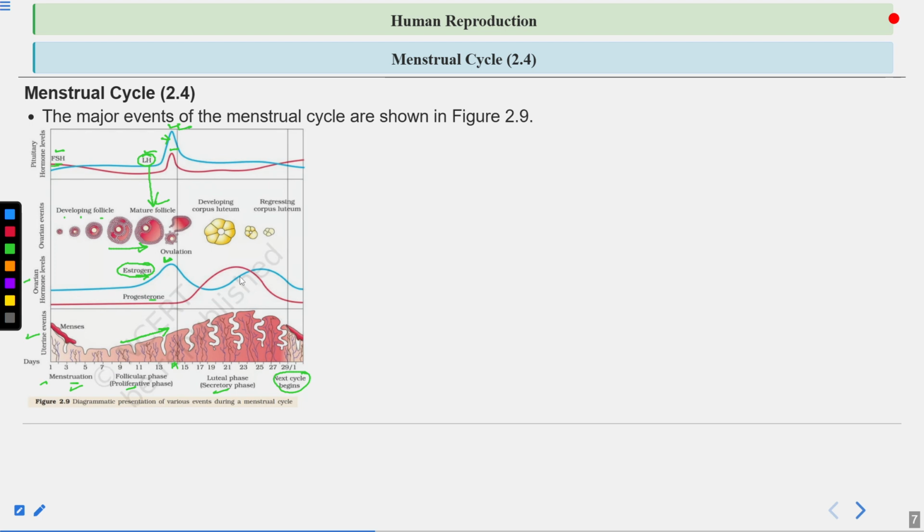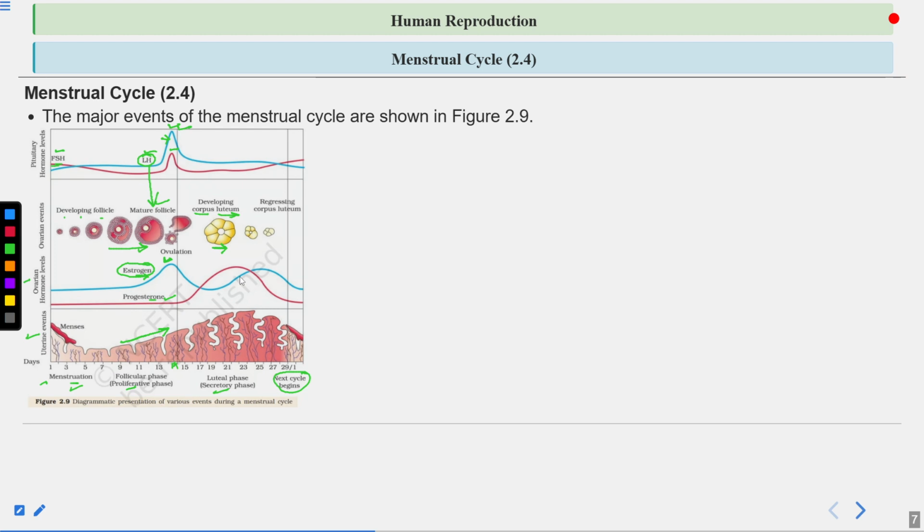Clear? And then the remnants of the Graafian follicle change into the corpus luteum. The corpus luteum acts as a temporary endocrine gland. It secretes progesterone.